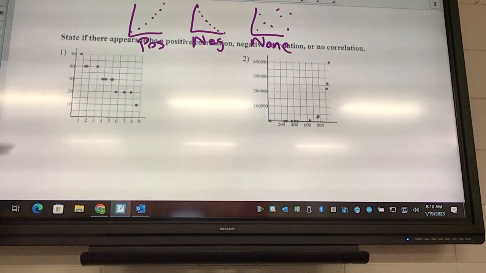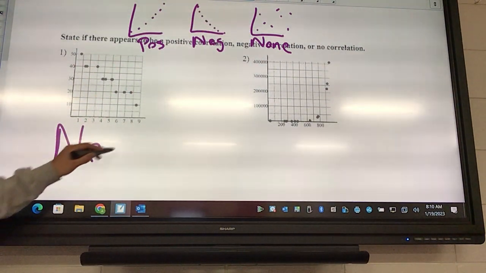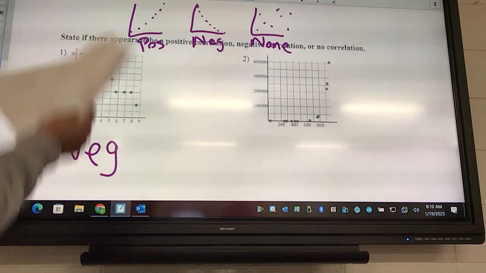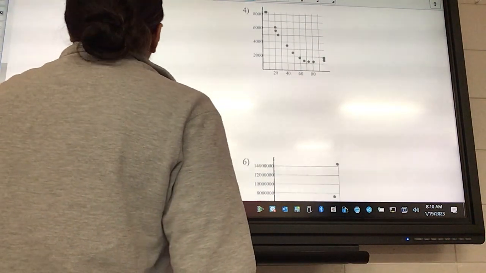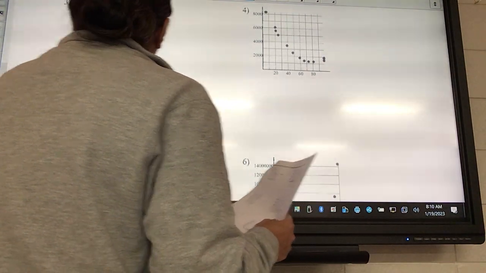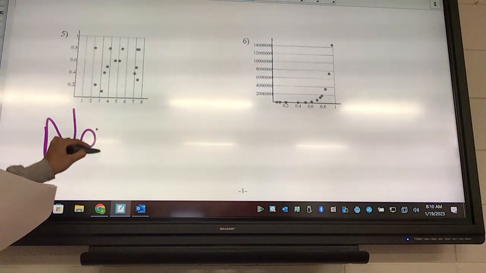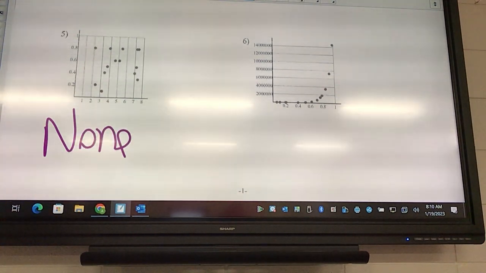Negative. Okay, what about number 3? It's none, and I will go back to these notes if you need them. And number 5 is a none. Okay, so we got negative, none, none. If you're doing the odds, I know I went fast.